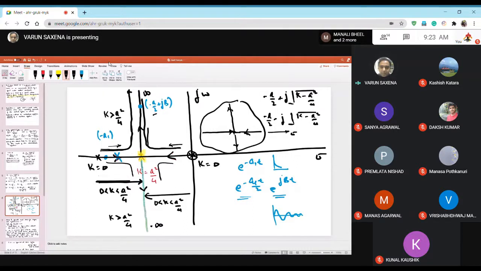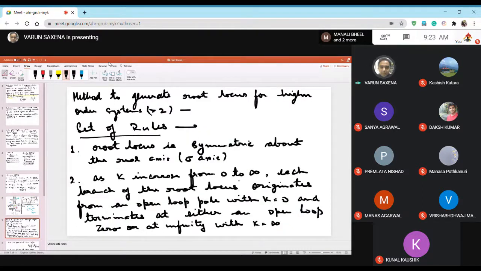Now, I said, as k increases from 0 to infinity, that is the range in which we are increasing k, each branch of the root locus originates from an open loop pole with k equal to 0 and terminates either at an open loop zero or at infinity with k equal to infinity.